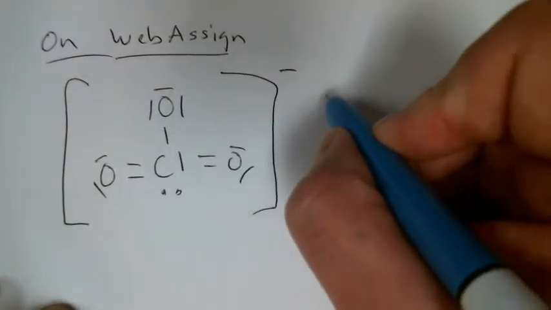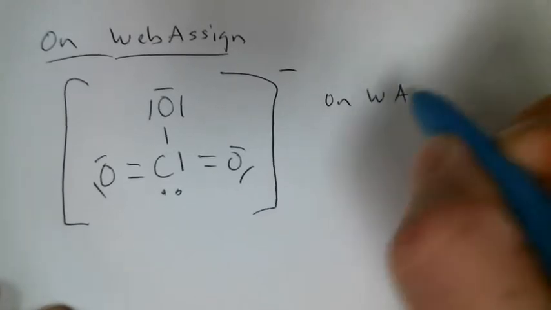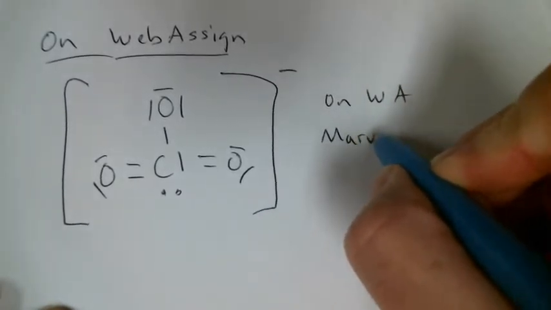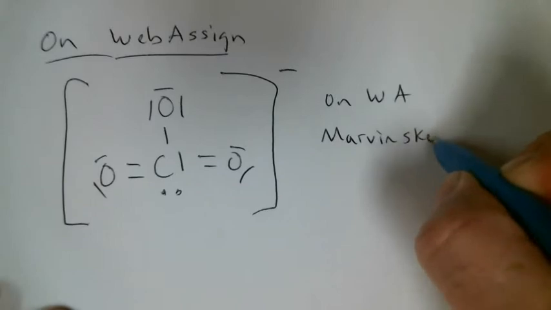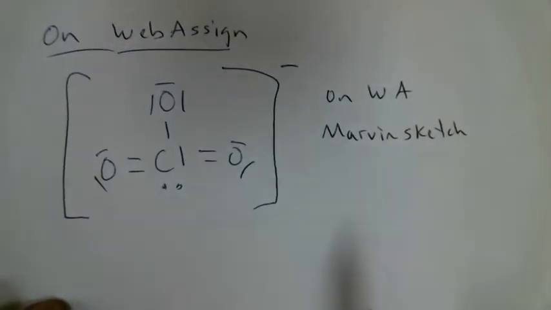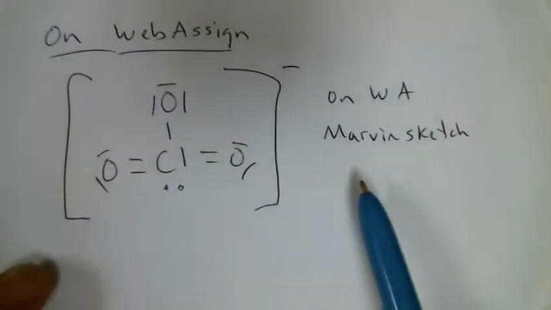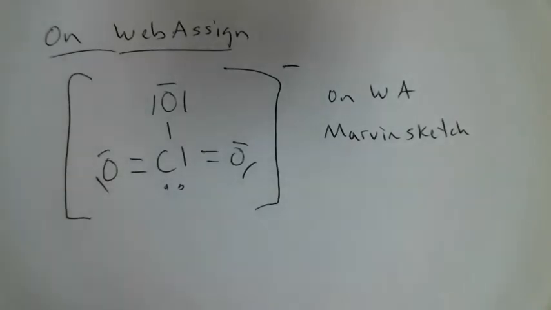On WebAssign, which uses something called Marvin Sketch, there are a lot of these different computer drawing programs for drawing Lewis structures and molecular structures. It's not just a sketch like drawing things.